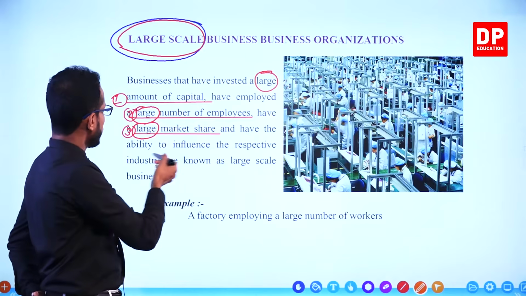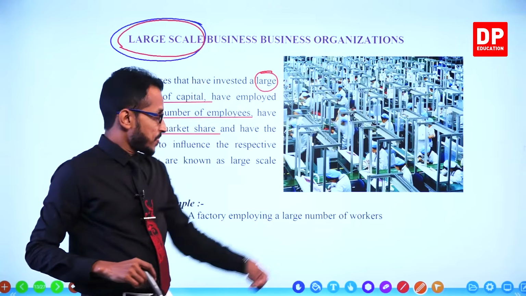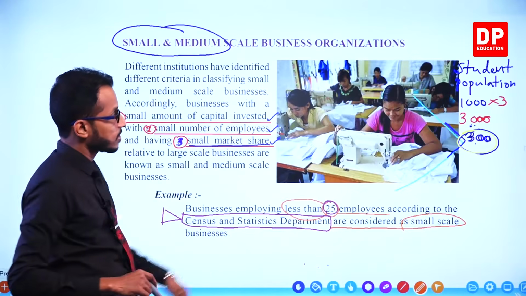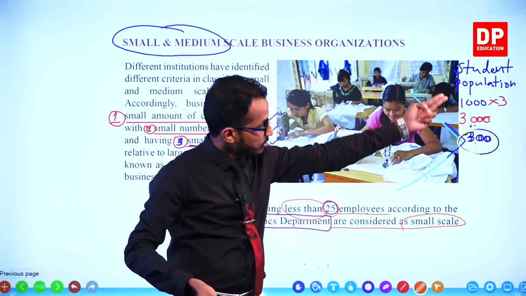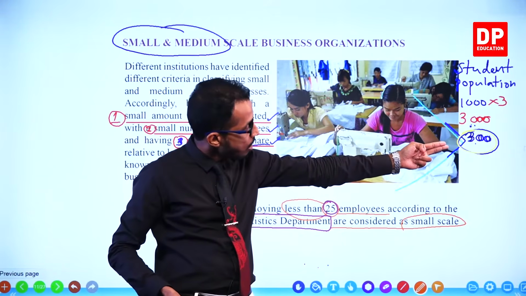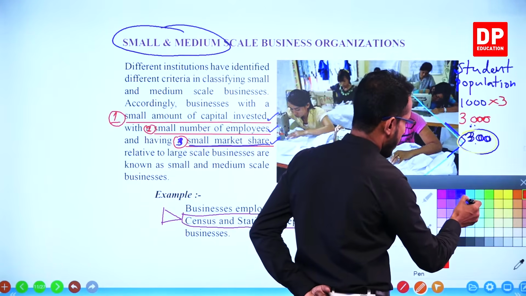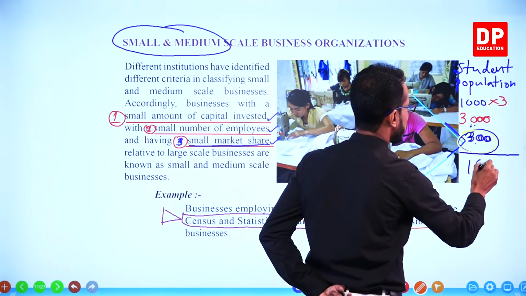They have the ability to influence the respective industry, which means let's take the previous slide and the example which we took to explain market share. Right now, the market share is 10%.